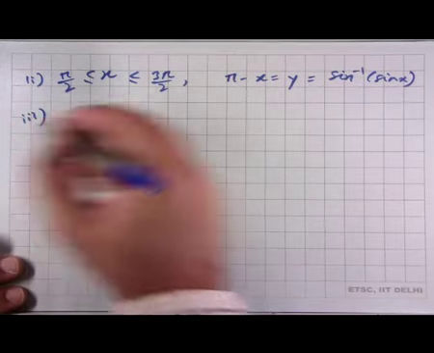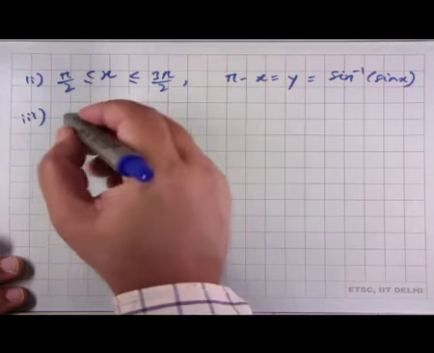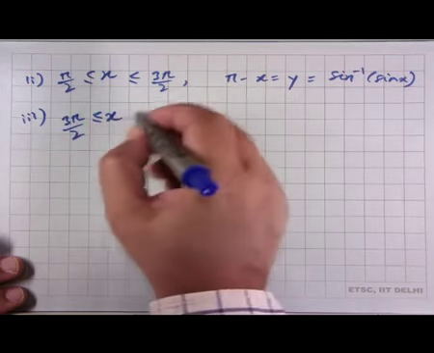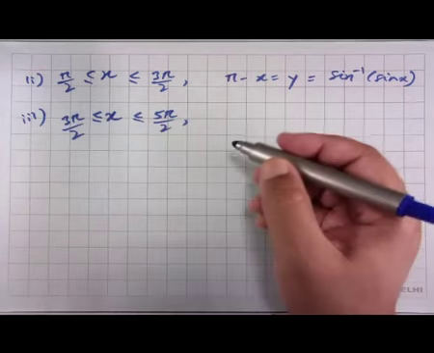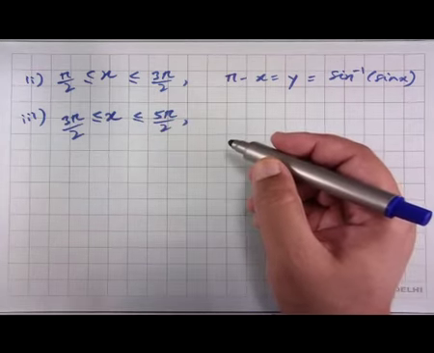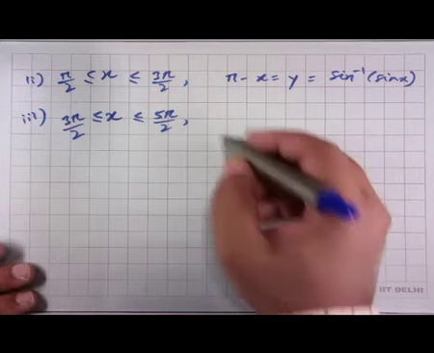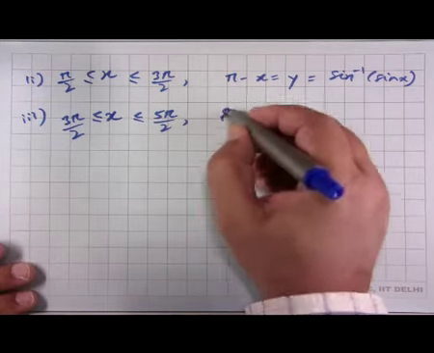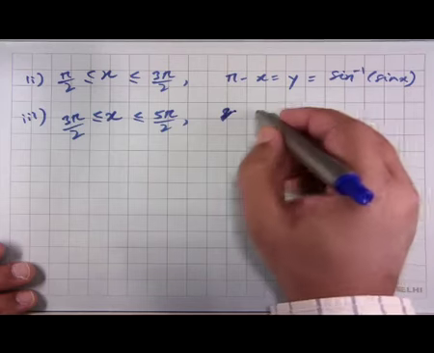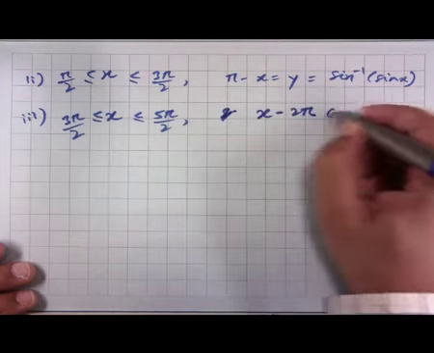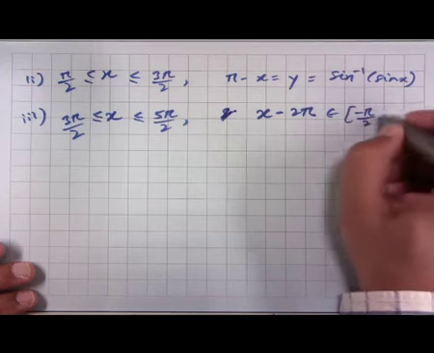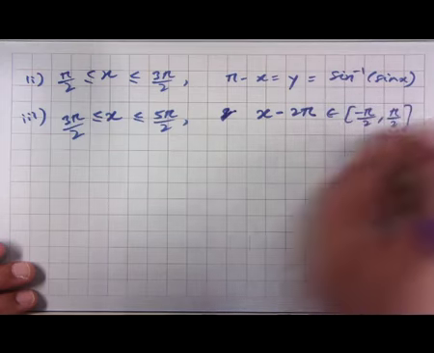Similarly, if x is greater than or equal to 3 pi over 2 and less than 5 pi over 2, then again in a similar manner, since we know that if x is in this interval, then x minus 2 pi is going to belong to again the range set of sine inverse.